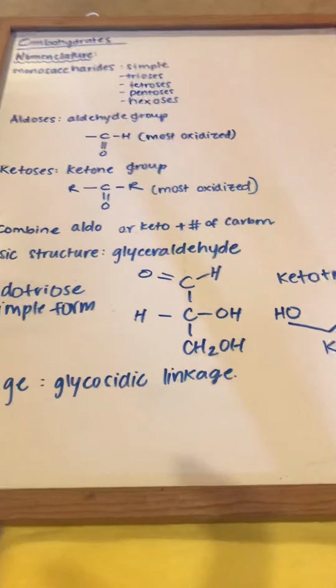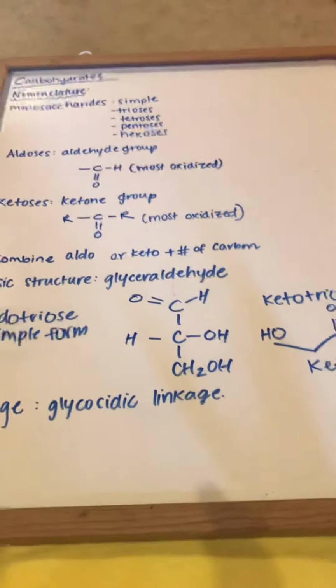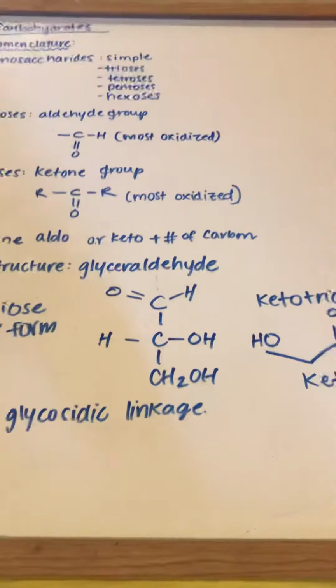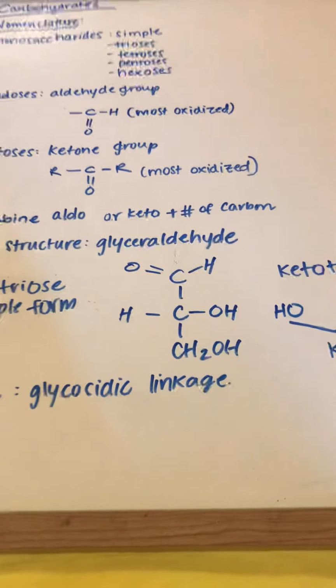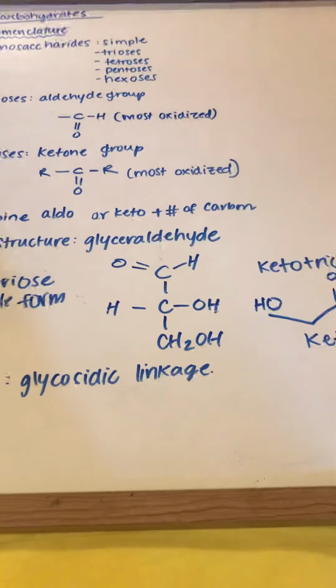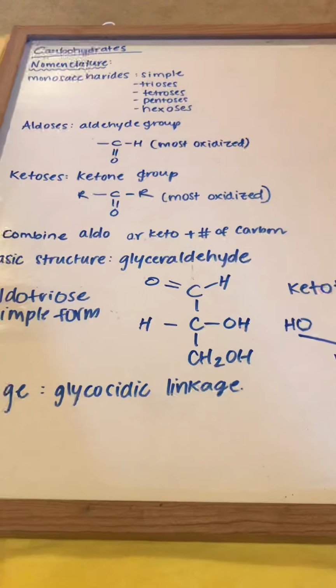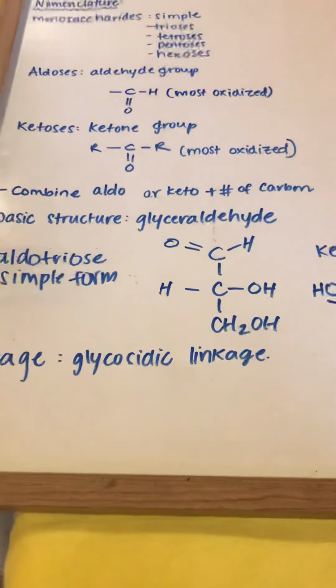Just remember that by itself, each residue of a carbohydrate is called a monosaccharide, and then the more you add on, you're going to be calling them a disaccharide or trisaccharide, and then after that point you just use the terms poly or oligo, and I will spell those out for you.